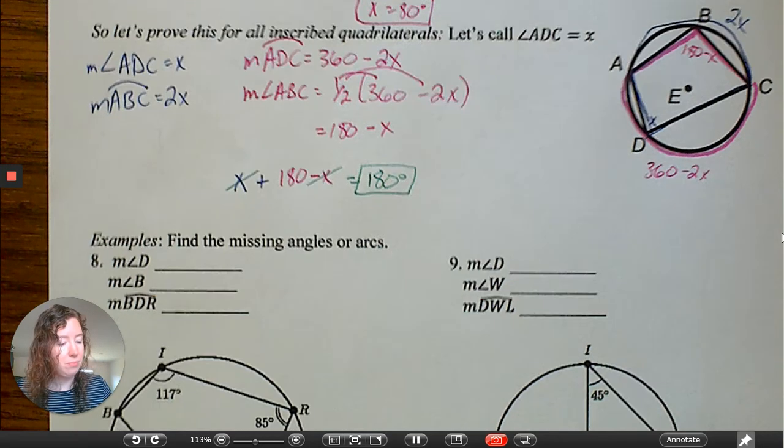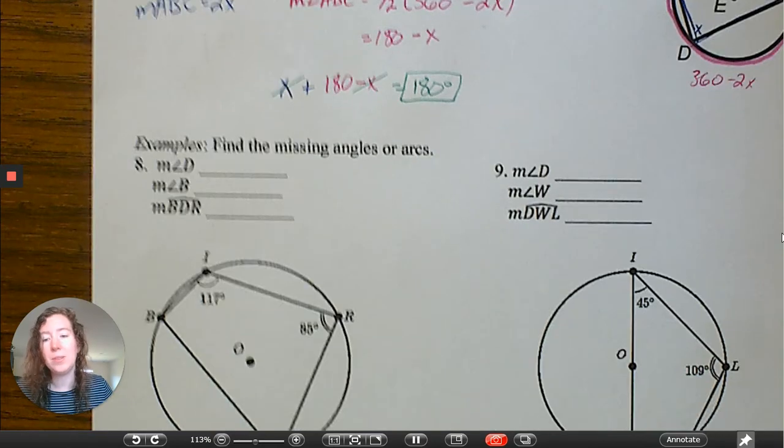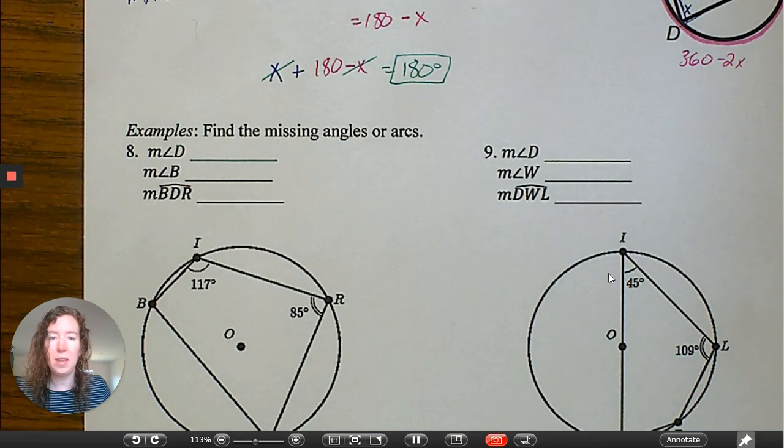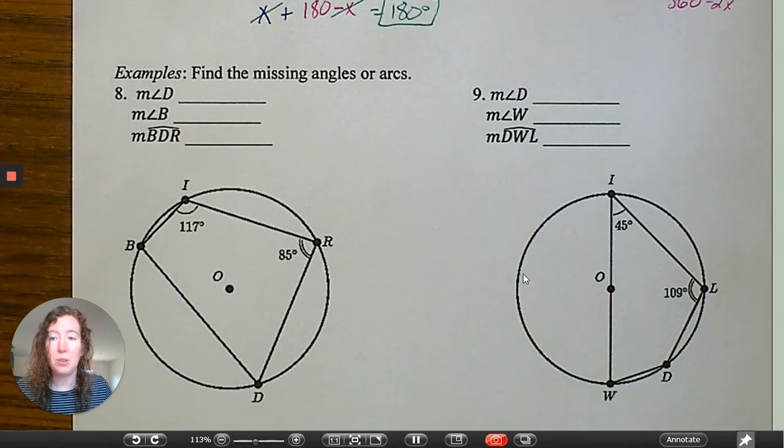Okay? So I'm going to walk through example 8 with you right now, and then I'm going to have you press pause and you try example 9. So we're looking at this inscribed quadrilateral, and we're trying to find the 2 missing angle measurements as well as an arc measurement.